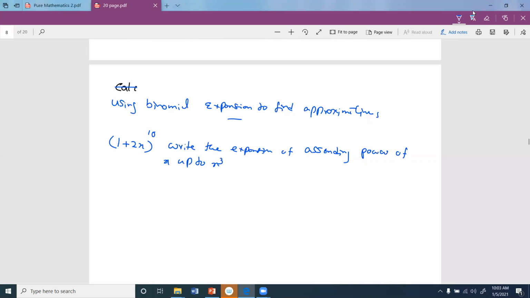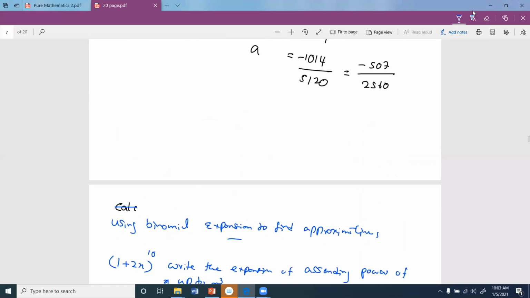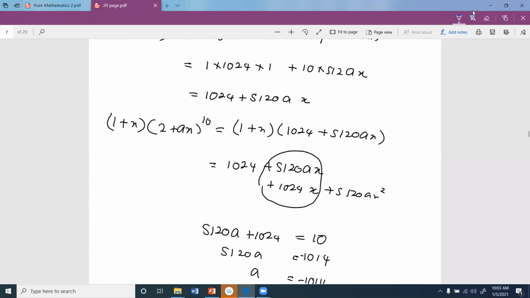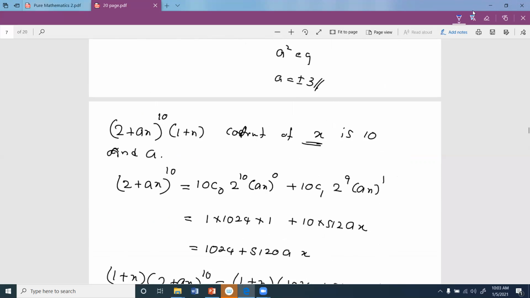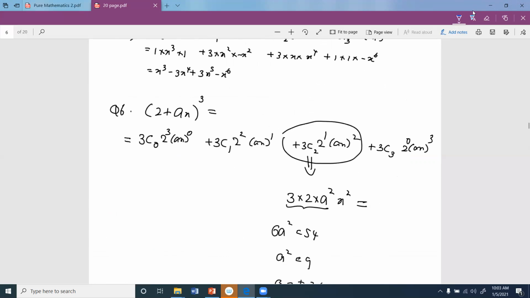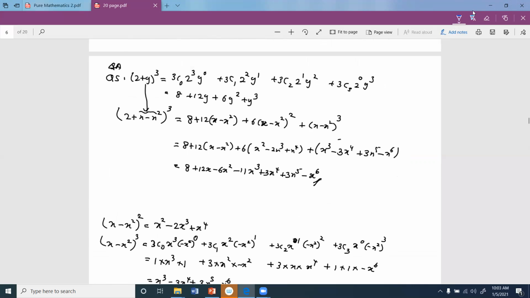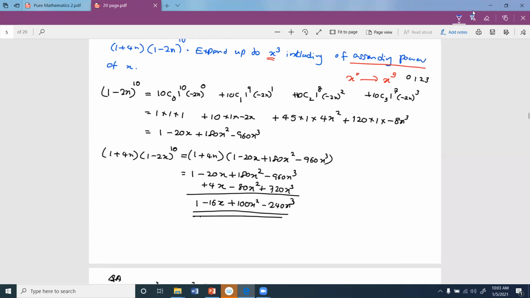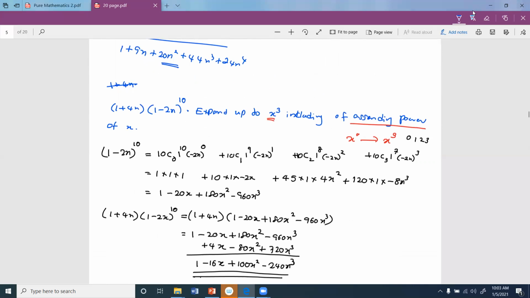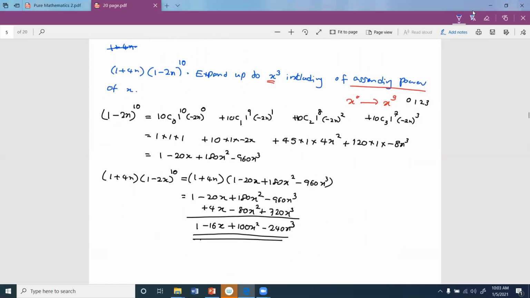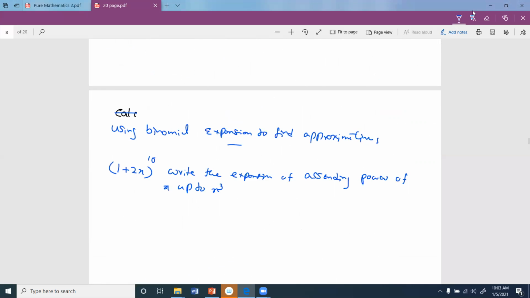I think we just did this expansion, and I just selected this. Hopefully we did it as I remember. Anyway, the only thing is that the sign is negative. It doesn't matter, we will just start as a new question.